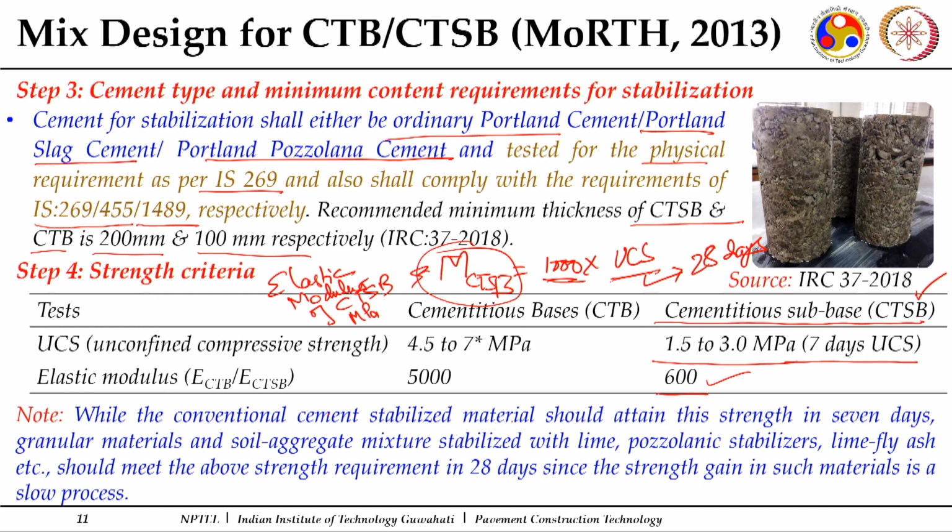Similarly, for cementitious materials used for base courses, the strength should be in the range of 4.5 to 7 megapascals.